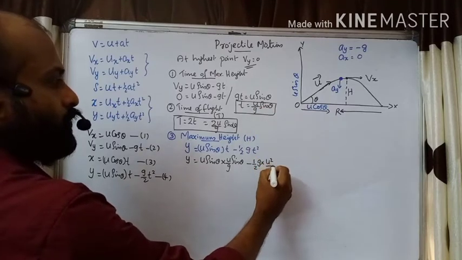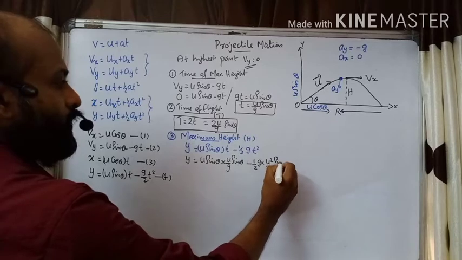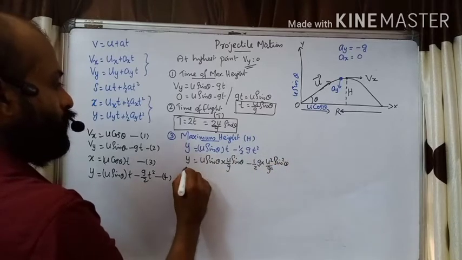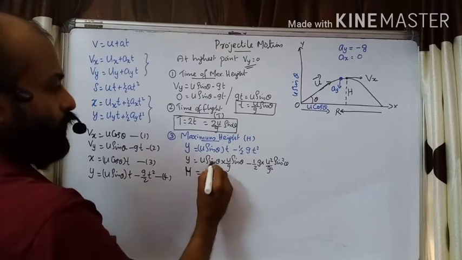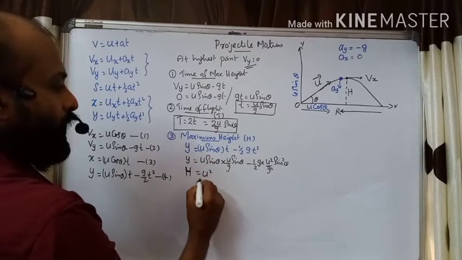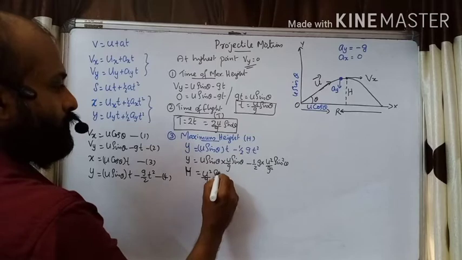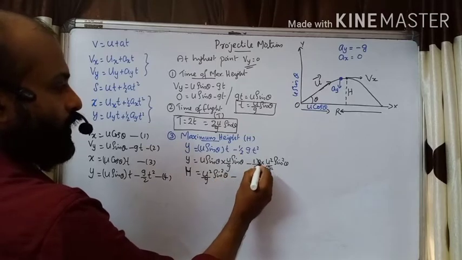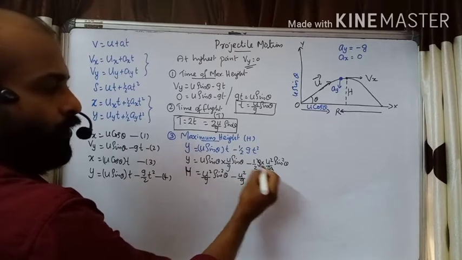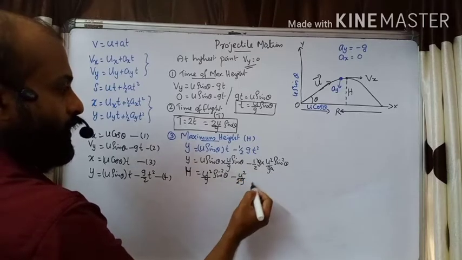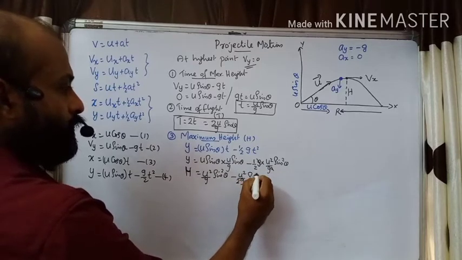Squaring this, we get u square by g square sin square theta. We need to solve this. I can give y is equal to h. H is equal to u square by g sin square theta, and here also 1 g cancels, so you get u square by 2g sin square theta.